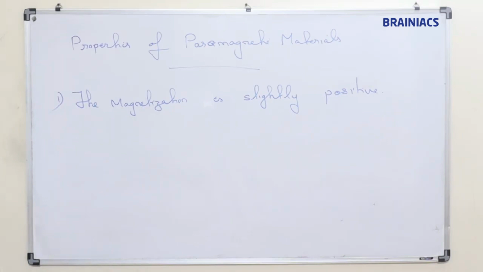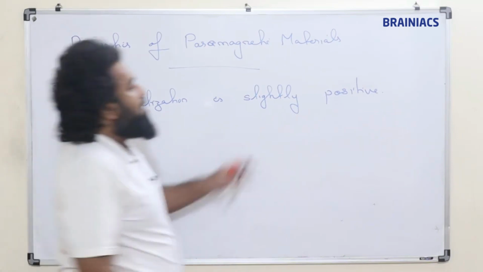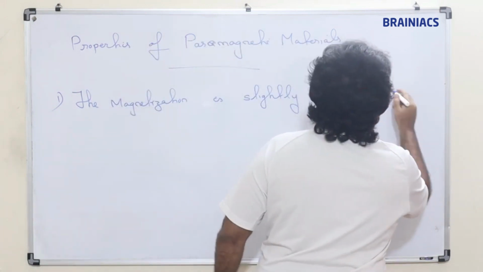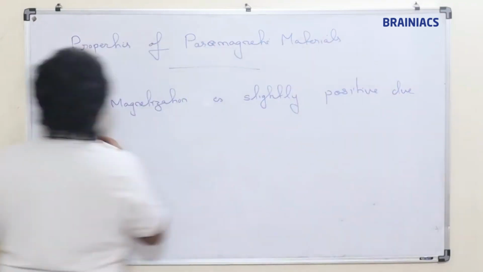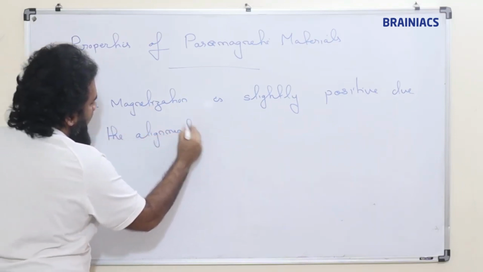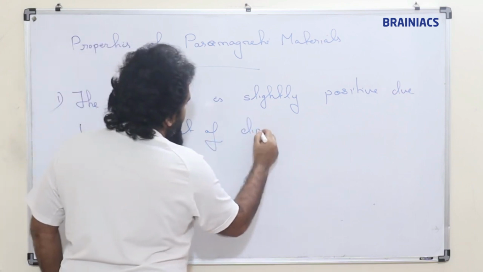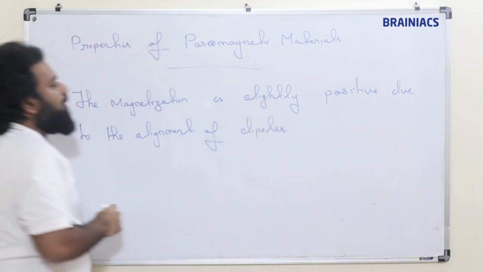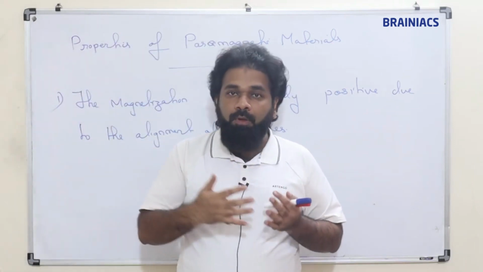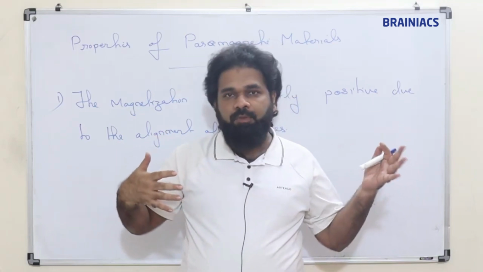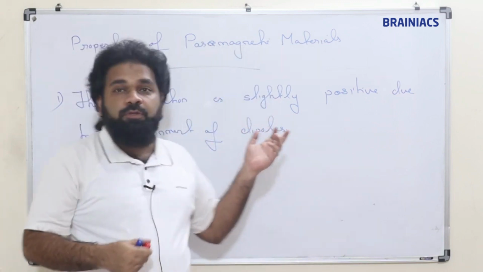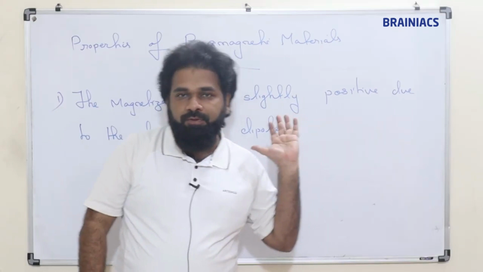And what is the reason for this? Due to the alignment of dipoles. So this magnetization is slightly positive, meaning less value. Not very strong magnetization happens, because this happens due to the alignment of magnetic dipoles, and that value is not very much. Okay, it is slightly positive. Clear?